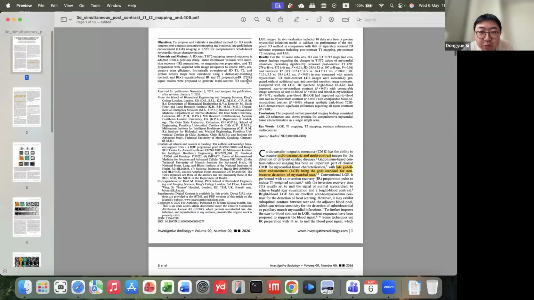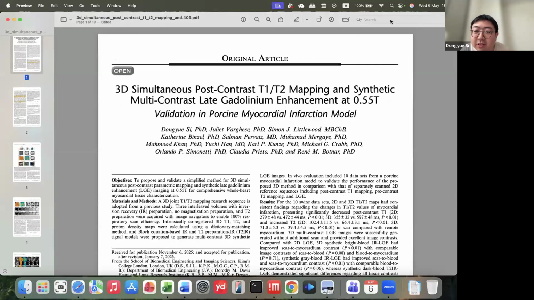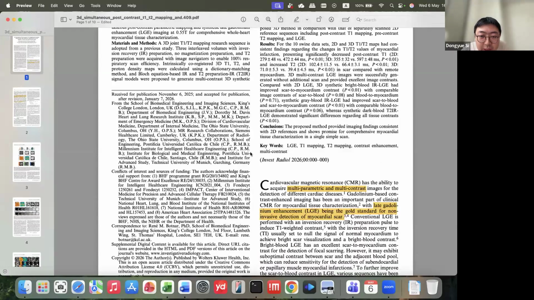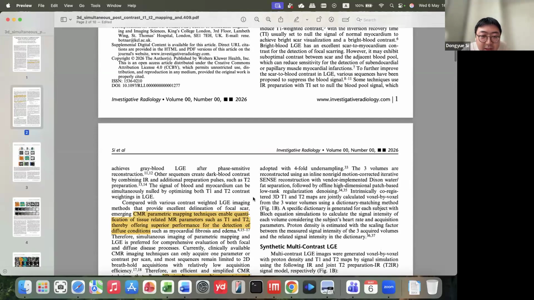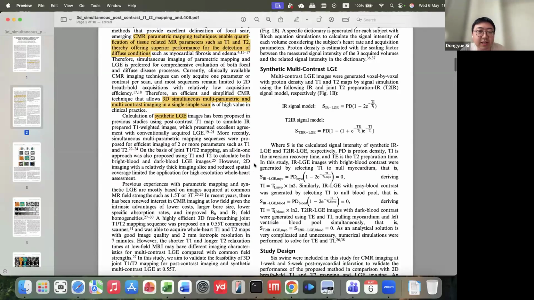So I think we probably have a similar background in cardiac MRI for multi-contrast and multiparametric imaging. As Jesse mentioned earlier, we now have synthetic LGE that can be calculated from T1 and T2 mappings.